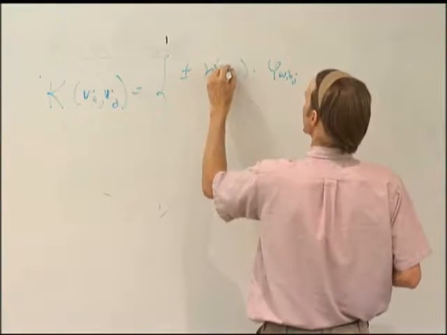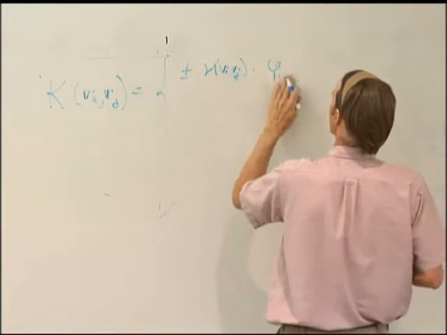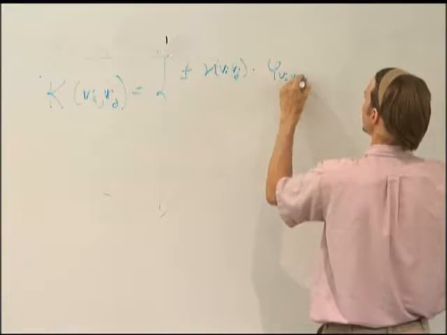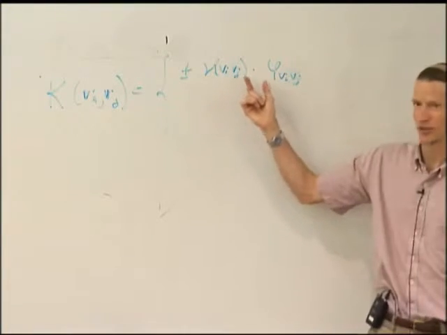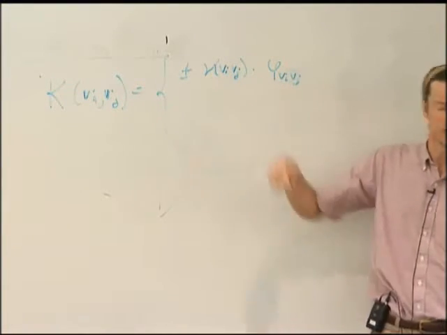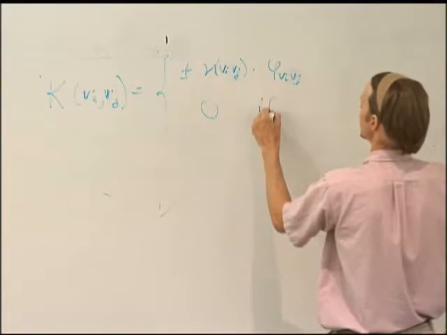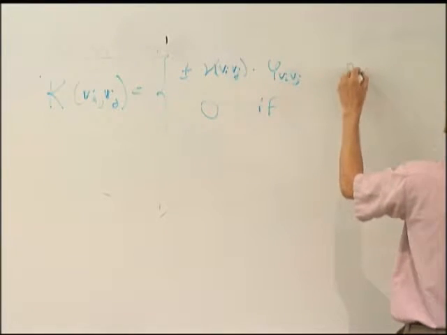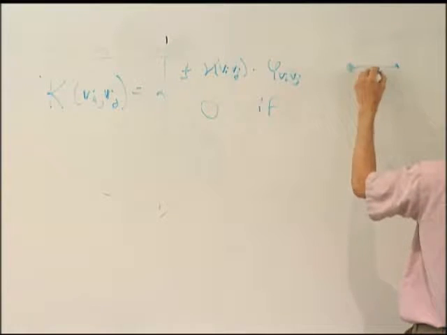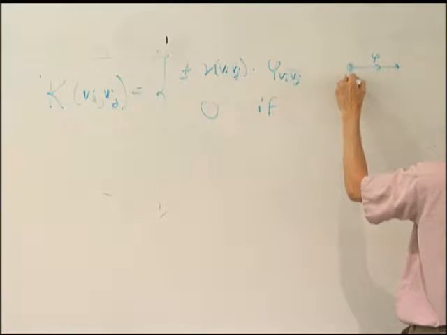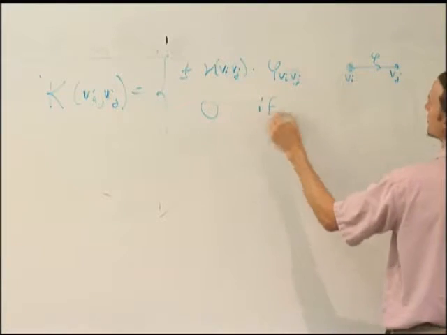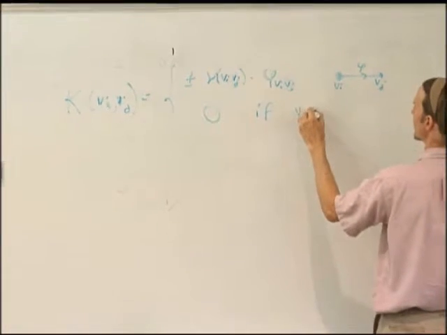It's the weight from Vi to Vj times the parallel transport from Vi to Vj. So it contains a term with phi and a term with phi inverse, and it's going to be 0 if Vi is not adjacent to Vj. Here phi is going from Vi to Vj.